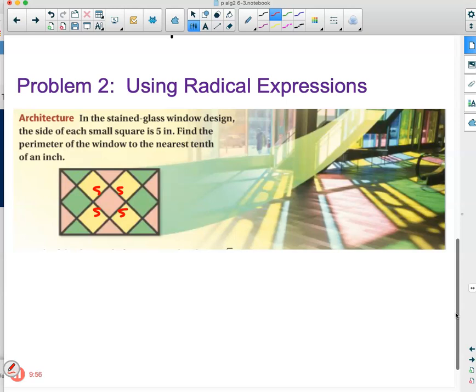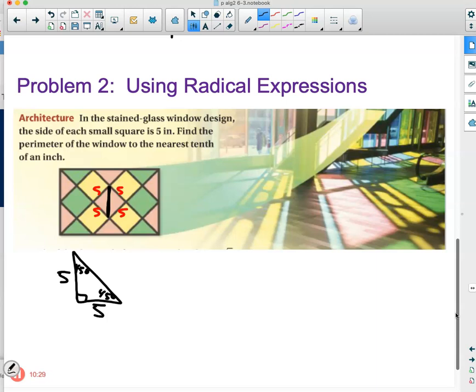But each one of these pieces on the edge comes from the diagonal. So let's see. Half of that little square would make it a triangle. You know what? This would be a special triangle. Because if this is a square, this would be a 45, 45, 90 triangle.